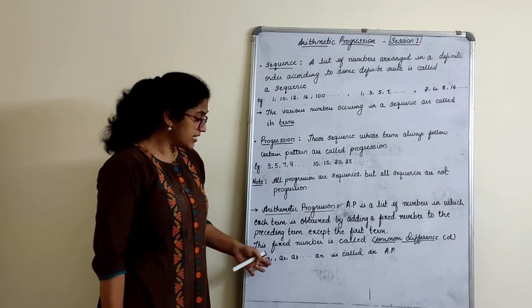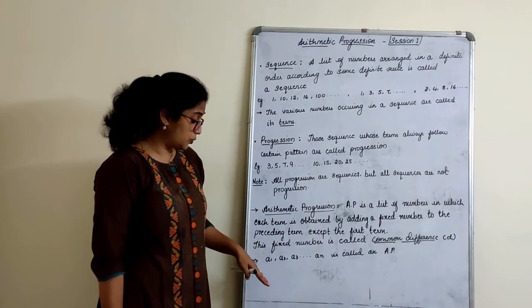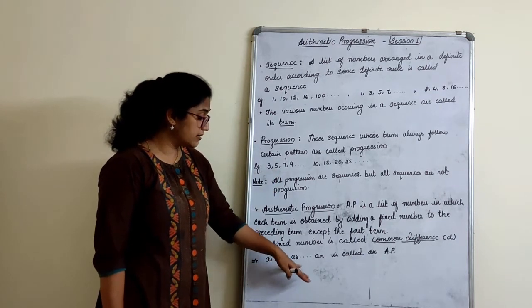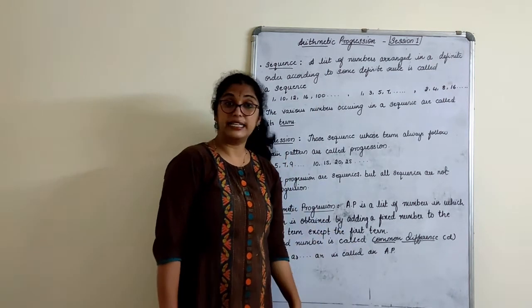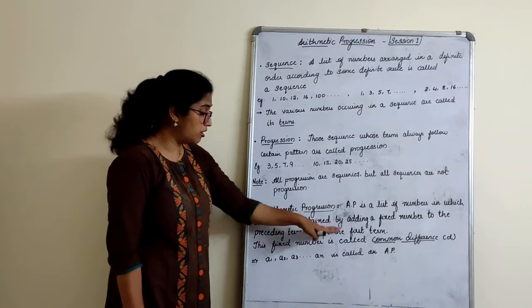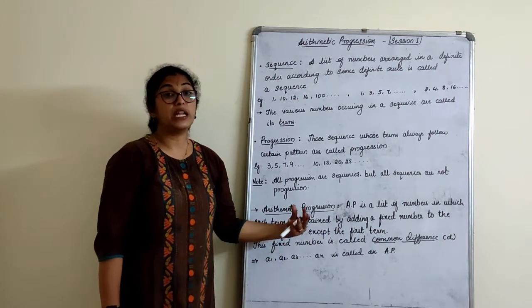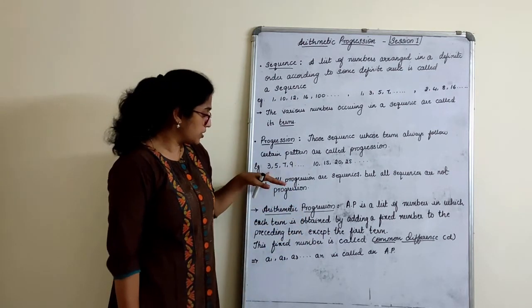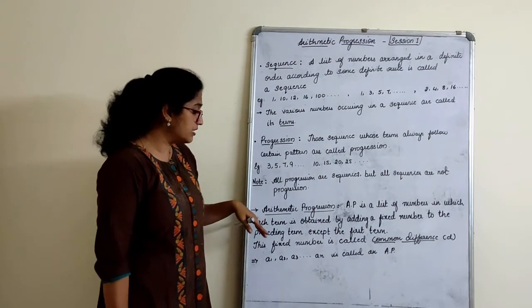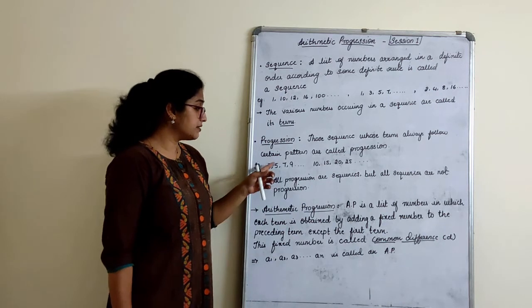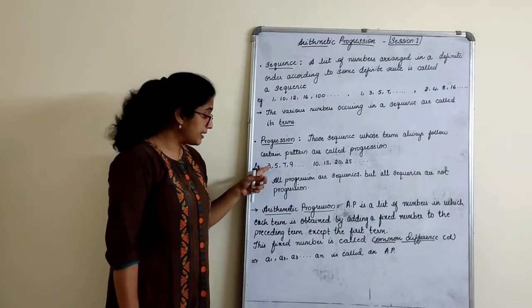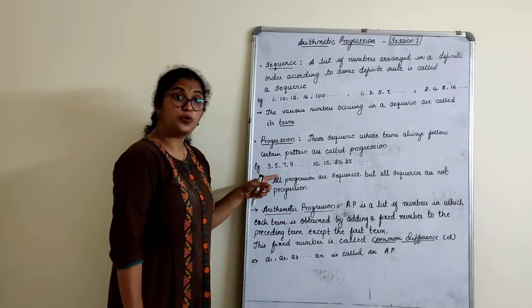So we can say that a general form of arithmetic progression is a1, a2, a3 to an, that is n terms, is called an AP. So this is a small definition of an AP. Each term is obtained by adding a fixed number to the preceding term. So how is this number obtained? If I add the common difference, what do I get here?